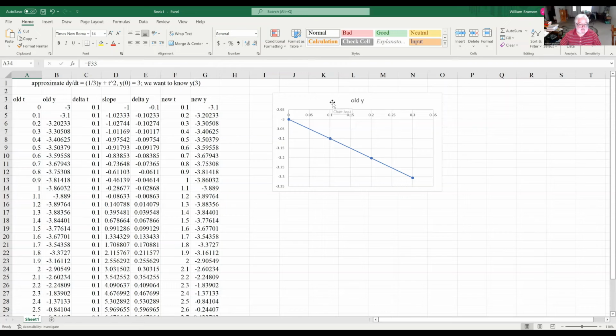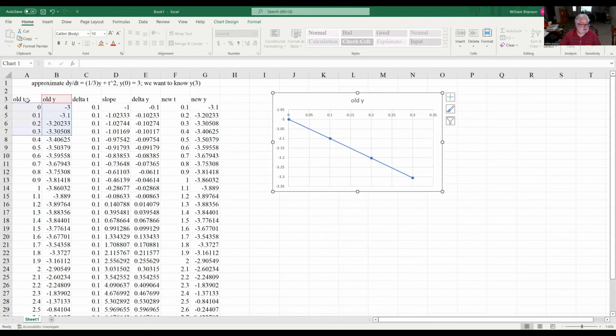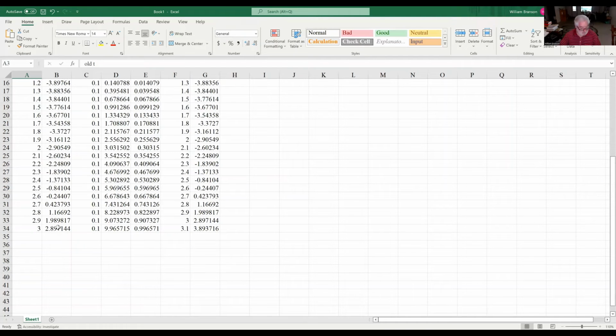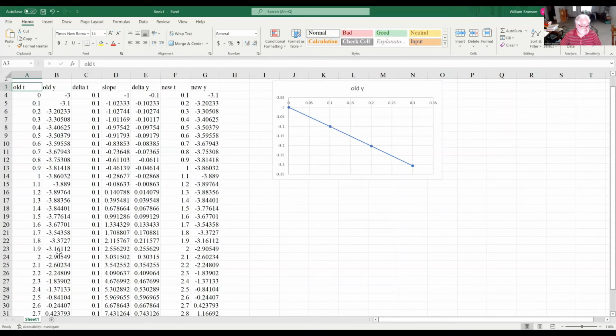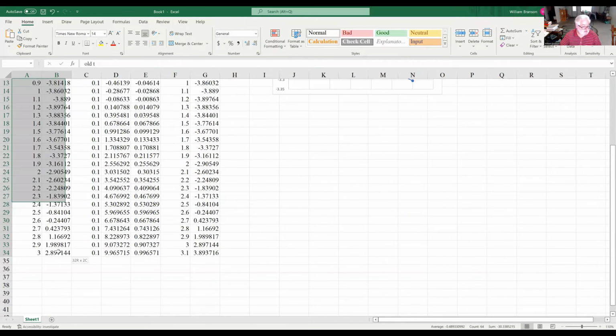So we want to actually extend this chart. So we'll just highlight those. Another thing you can do is pick this with a left click, then hold down the Shift key, scroll down, and click on that, and that selects that whole thing.